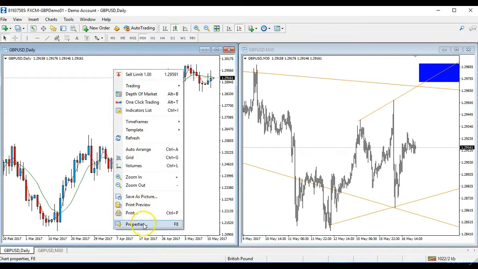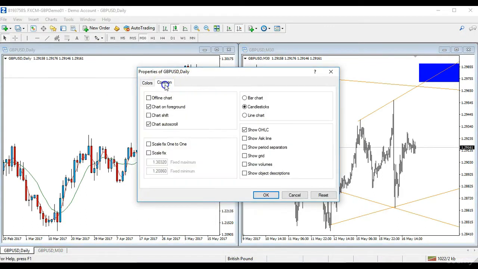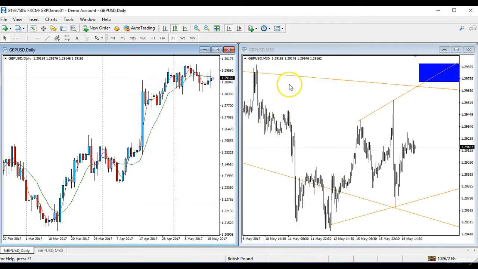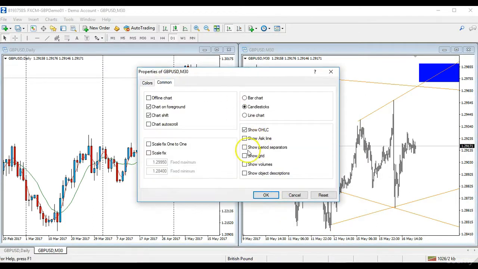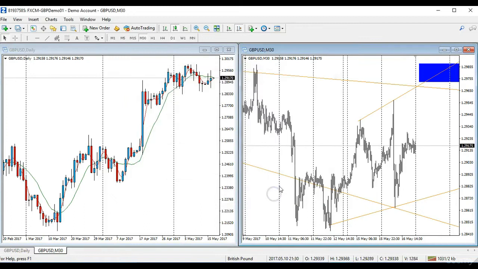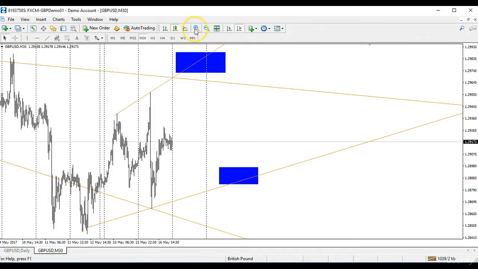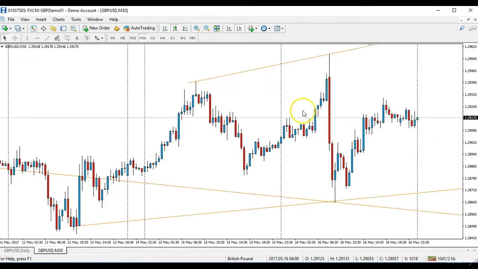If I go to properties and put the period separators in, and do the same for the 30-minute chart, the 30-minute chart's separators are each showing a period of 1 day.